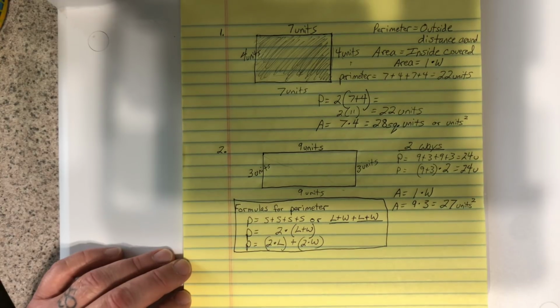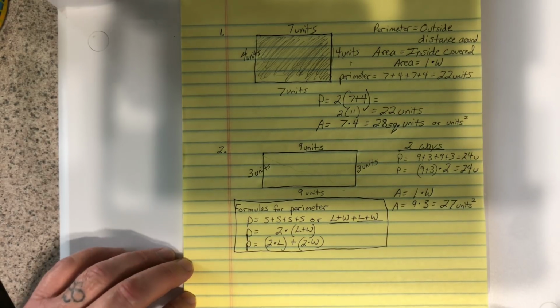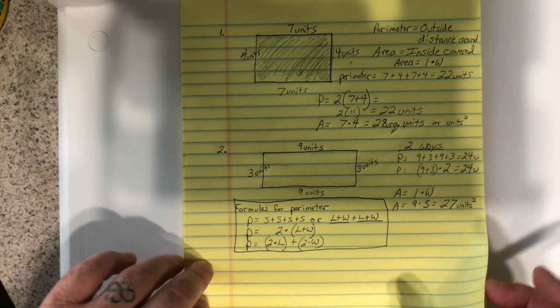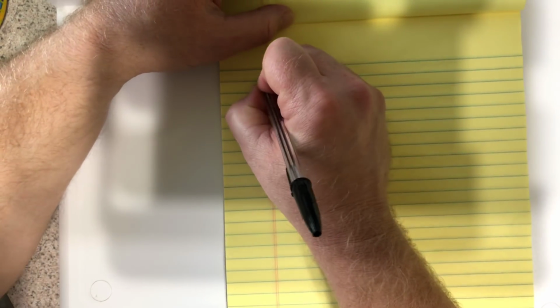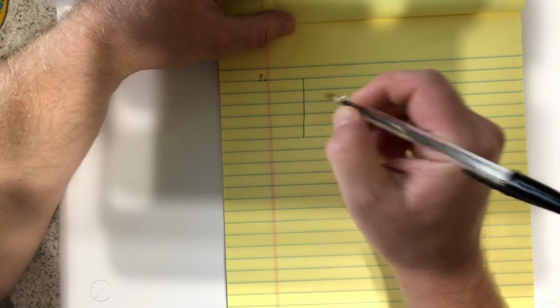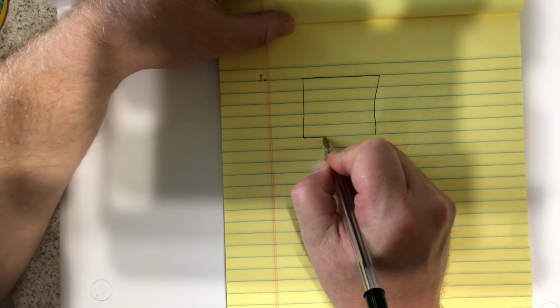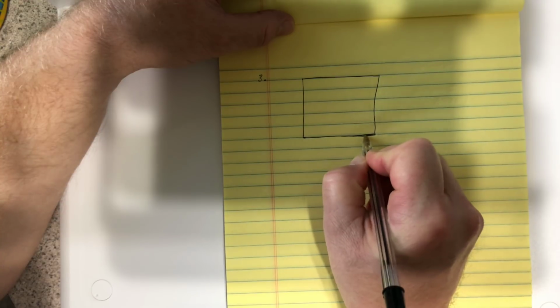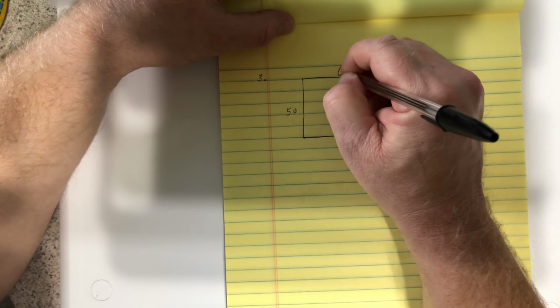All right, now we're just going to go ahead and take another look here at another rectangle. I'm going to turn the page here. So for problem number 3, we're going to look at one that is 5 by 6. So this one is pretty close to a square. A square has to be the same all the way around. Okay, well, let's label this 5 units, 6 units.